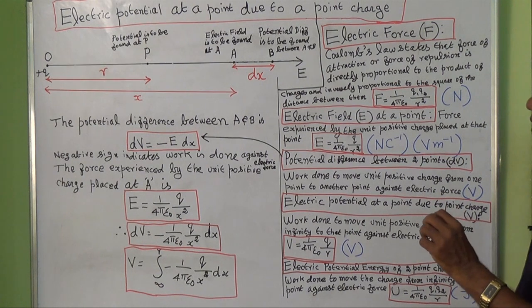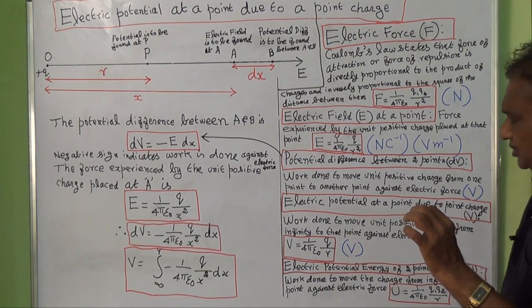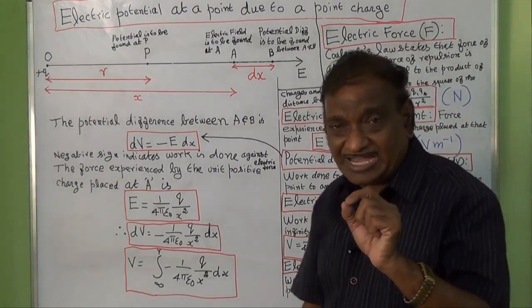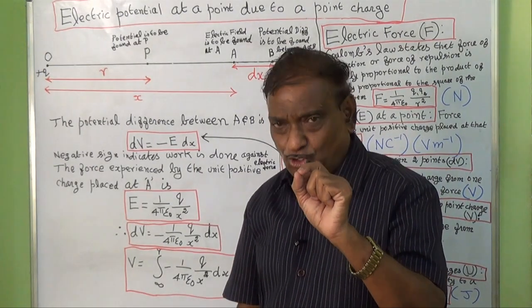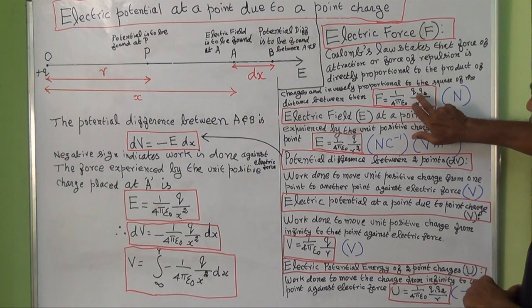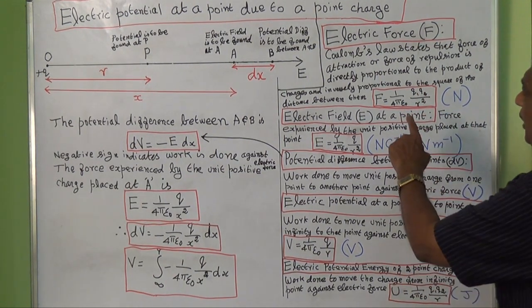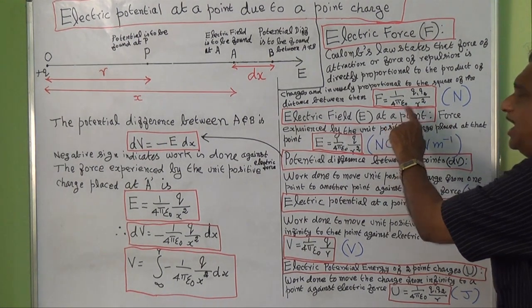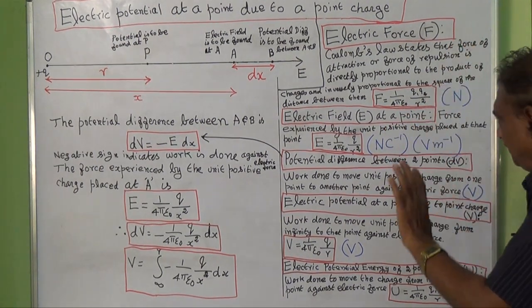The formula for the electric force is written as capital F equal to 1 by 4 pi epsilon naught Q1 Q2 by R square. This 1 by 4 pi epsilon naught is the proportionality constant.